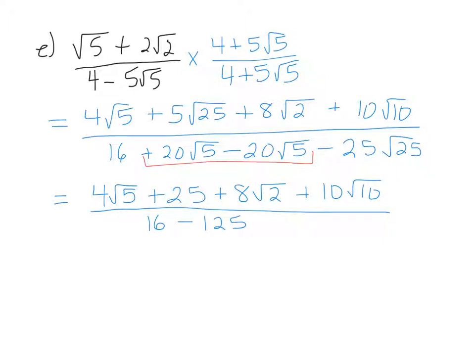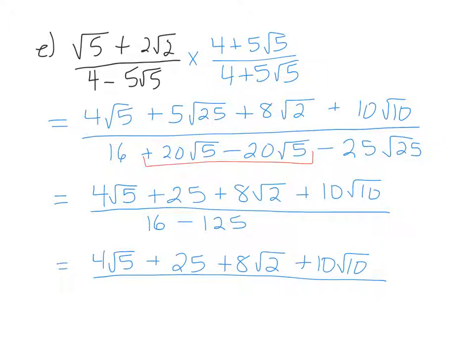So the numerator is going to stay as it is, and the denominator becomes 16 minus 125, which is negative 109. We could switch all of those in the numerator to negatives and make the 109 positive, but I'm not going to bother in this one.